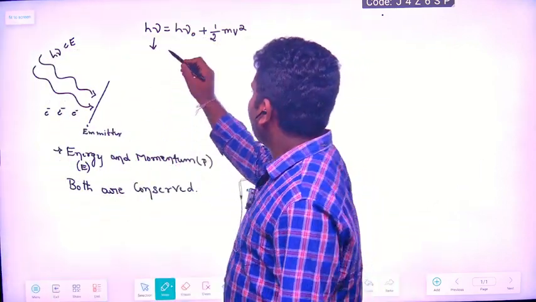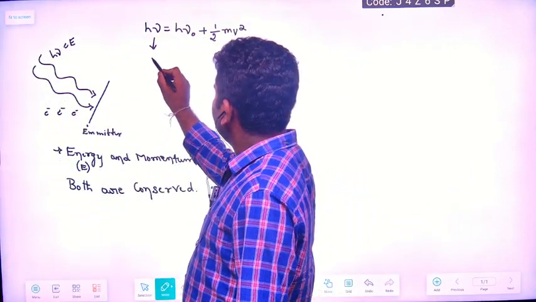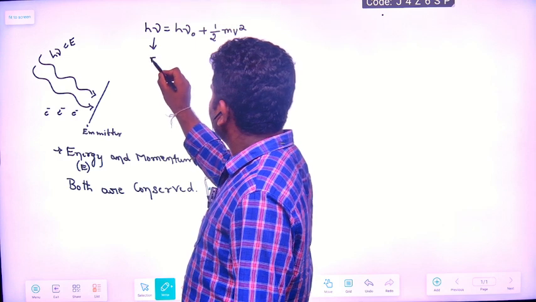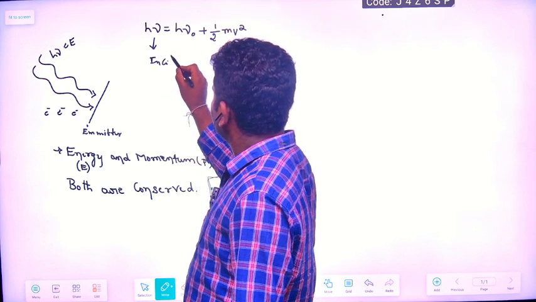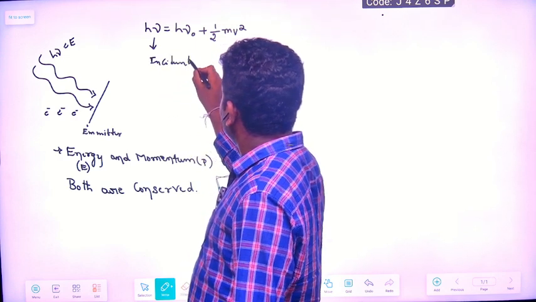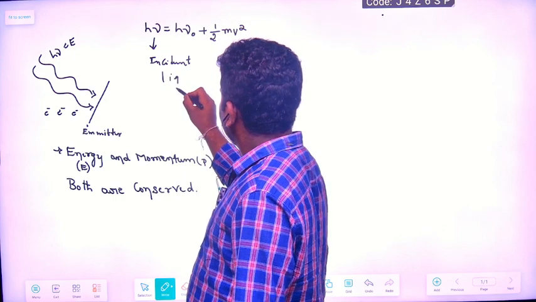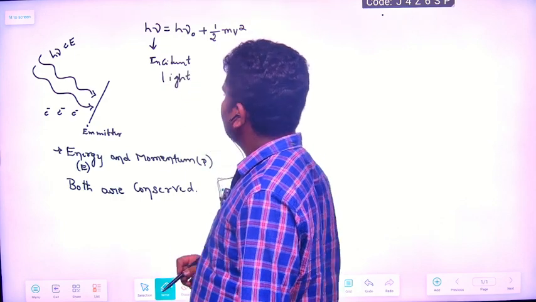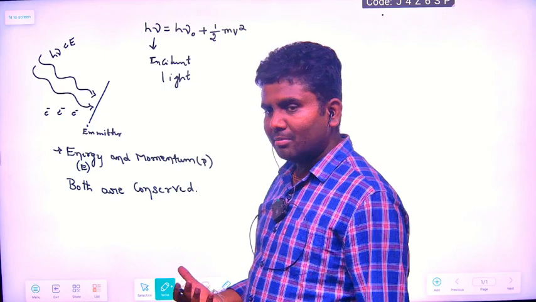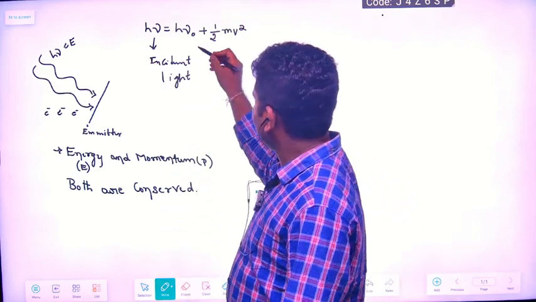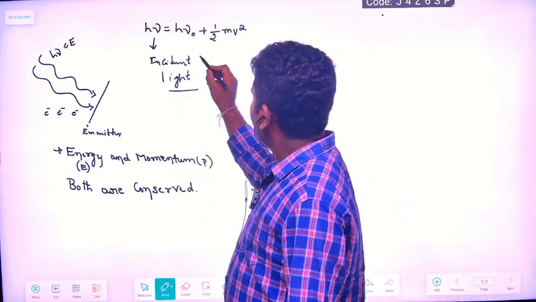This is the incident energy, the incident light energy. A part of the incident light energy is used to come out from the metal surface. And what is this?